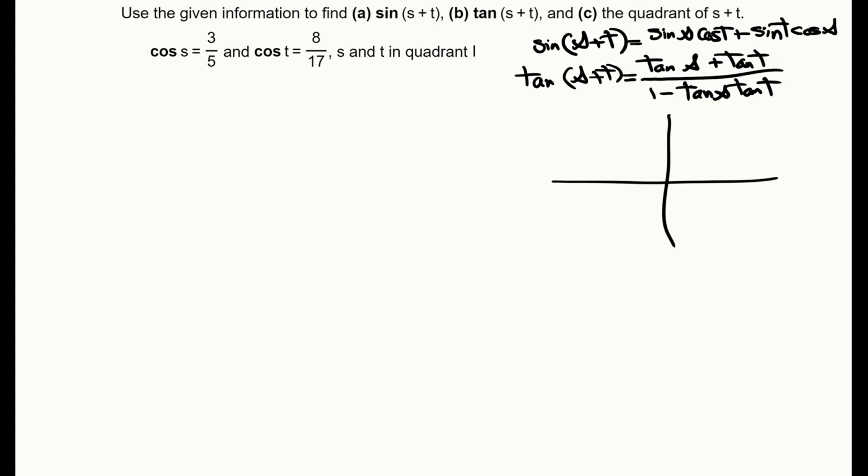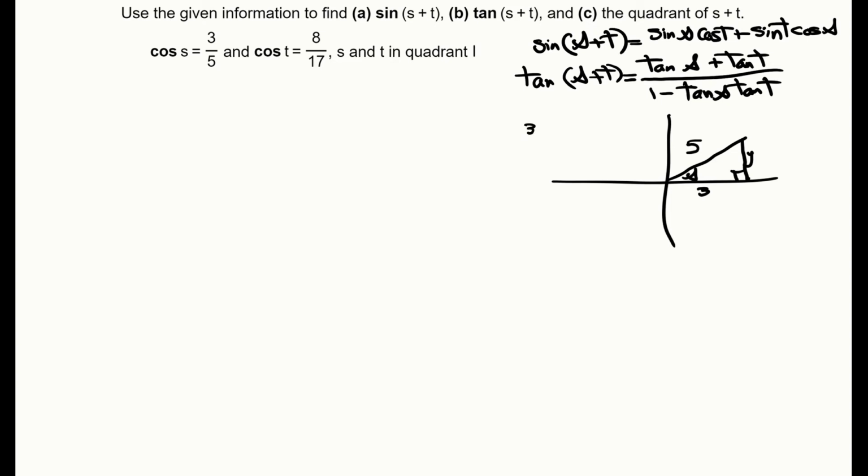So cosine of S equals 3/5 in the first quadrant. So if I just go ahead and construct a triangle, I'm going to have S here, and I know the adjacent side is 3 and that the hypotenuse is 5. Now you probably recognize this as a 3, 4, 5 triangle, but if you don't, you can just call this side y and just use the Pythagorean theorem.